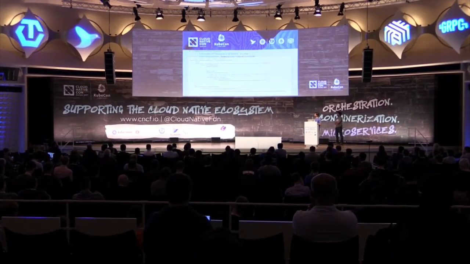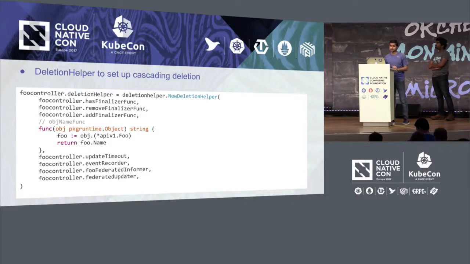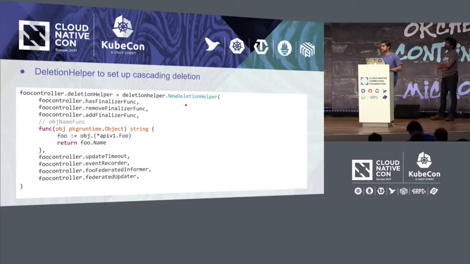Once you set up these watches, the other thing you need to set up is the cascading deletion itself. Again, this is another library function where you call the appropriate function, new deletion helper, to set up the deletion helper, and you provide a bunch of implementations. All these are basically lambda functions, or the functions themselves.